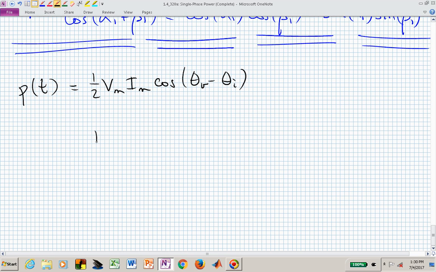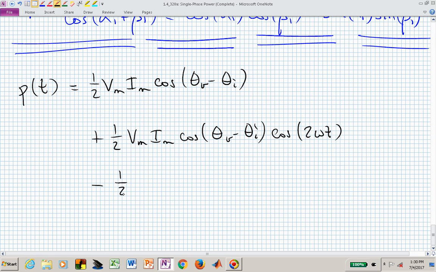The other piece is now plus 1/2 V max I max cosine of theta sub v minus theta sub I cosine of 2 omega t. Again, that's using the alpha 1 and beta 1 relationship, minus 1/2 V max I max.